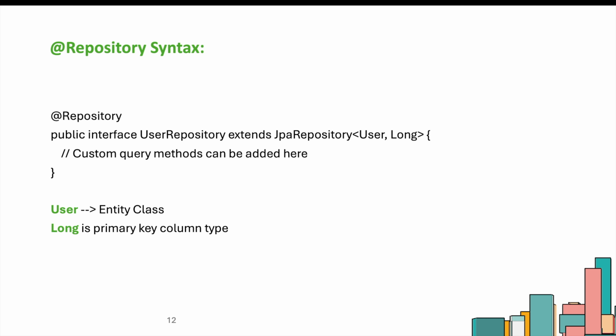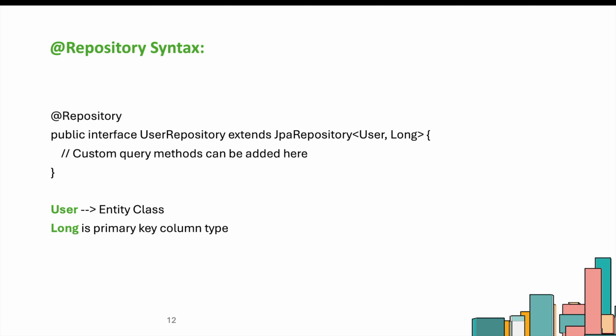And you see in the bracket User comma Long, User is an entity class, which means this User is a class having an entity annotation that corresponds to the user table in the database.